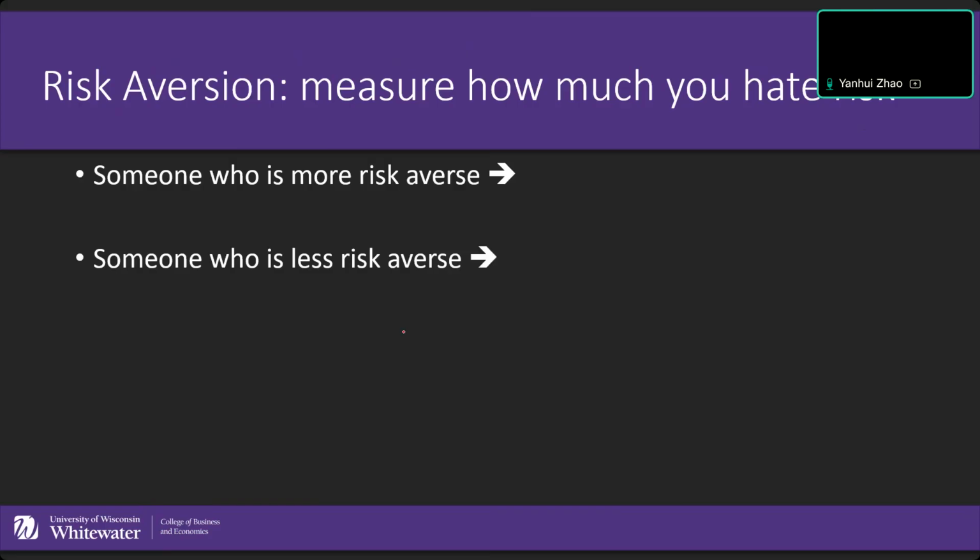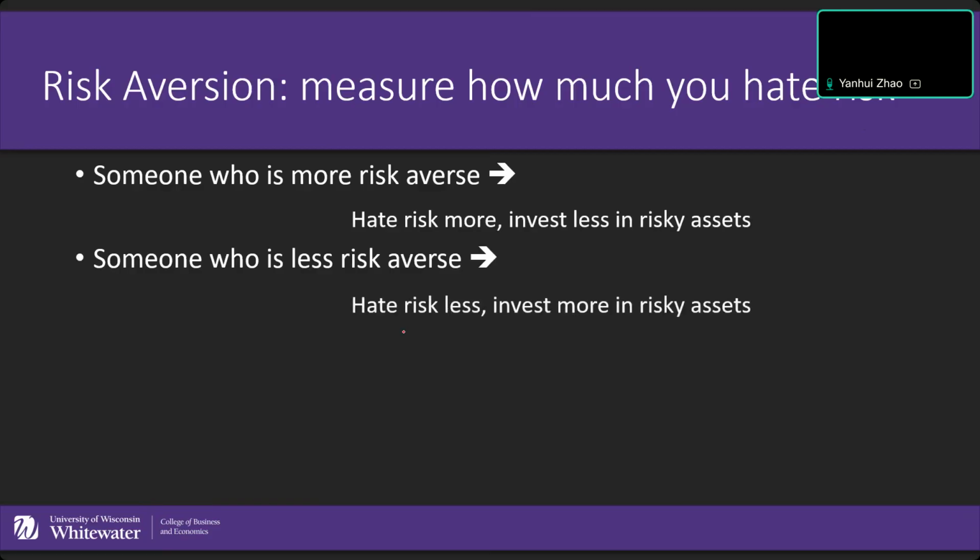If someone is more risk averse, it means that you do not like risk more, and you want to allocate more in risk-free assets and invest less in risky assets. Someone who is less risk averse, like the 80-20 guy and the 70-30 gentleman here, has less dislike of risk, so they will invest more in risky assets.